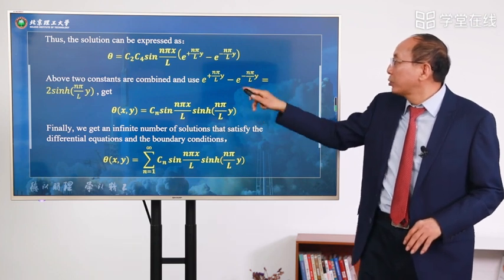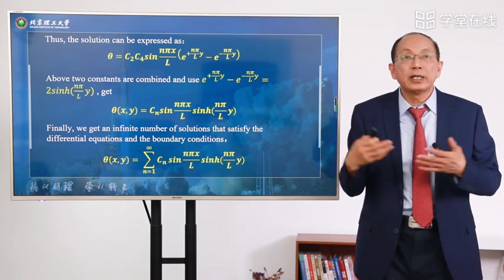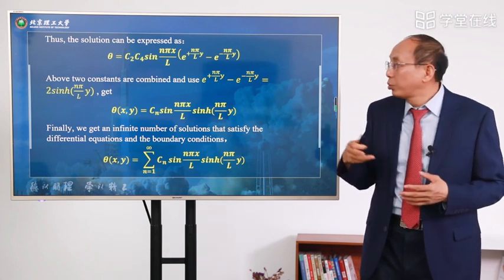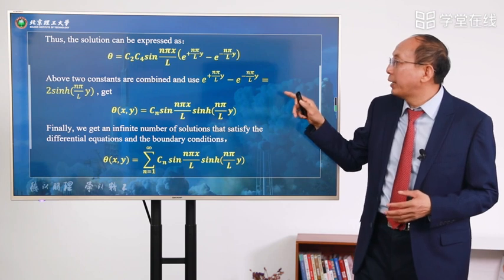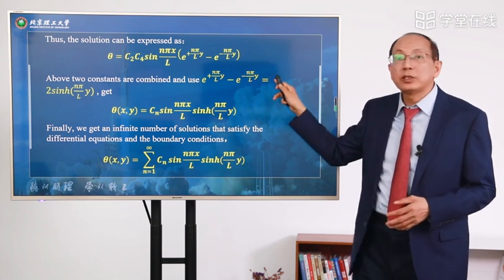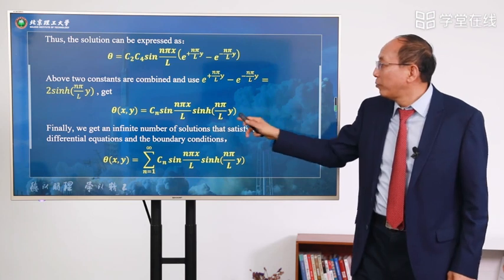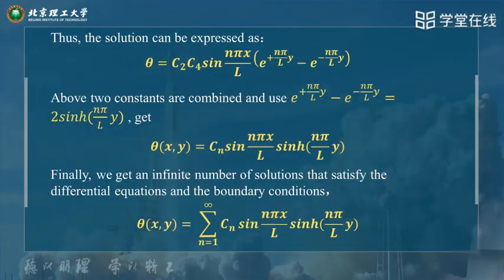After combined, we use these terms together, which is 2 sinh(nπ y/L)... We use this equation. Finally, we get θ(x,y) equals Cn sin(nπx/L) times sinh(nπy/L).